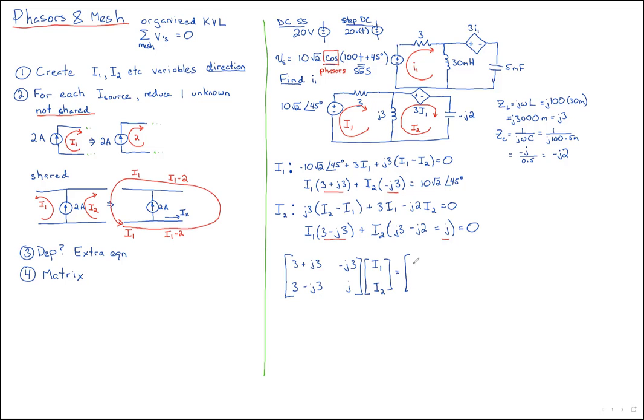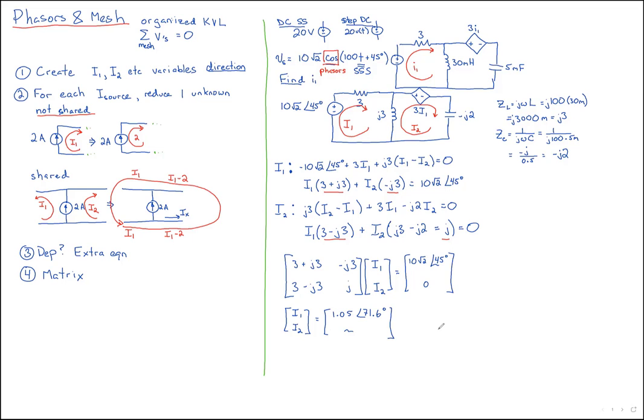And that equals what you've got on the right side of the equation, 10 square root of 2, angle of 45, and 0. So you put that in your calculator and out pops I1 and I2. And if your calculator is in degrees mode, complex polar notation, it's going to say it's equal to 1.05 at an angle of 71.6. I don't care what it says down here because all the question asks for is what is I1?